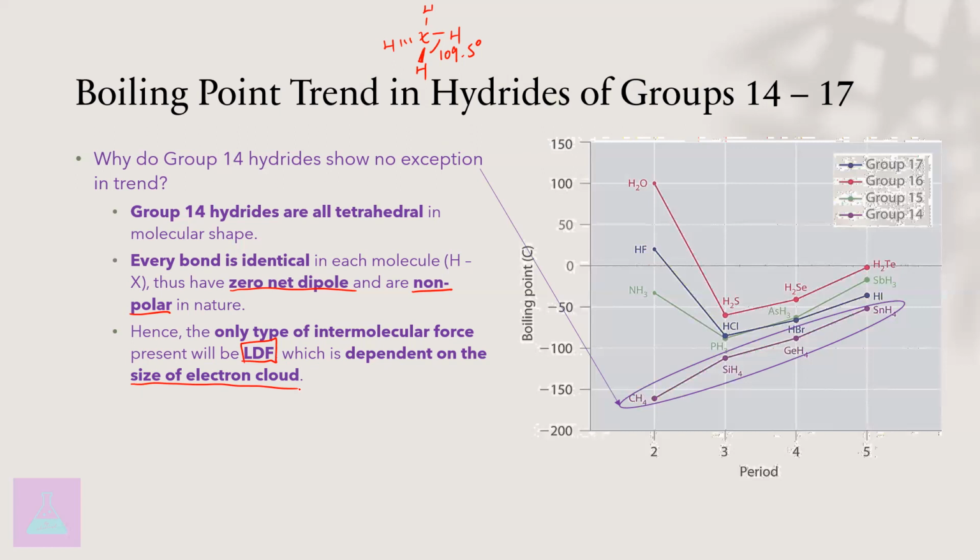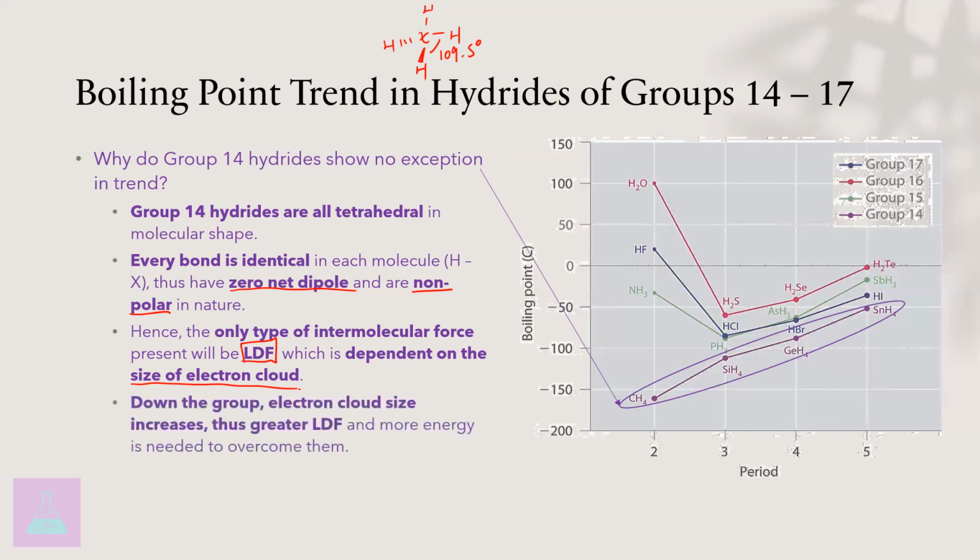There are more electrons down the group, so the size of the electron cloud has to increase. So down the group, you have increasing electron cloud size, so greater LDF, and more energy will be needed to overcome these forces. Therefore, the boiling point will just increase down the group, and there will be no exception because there are no other forces apart from LDF.